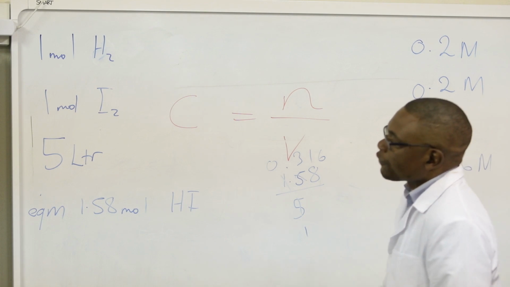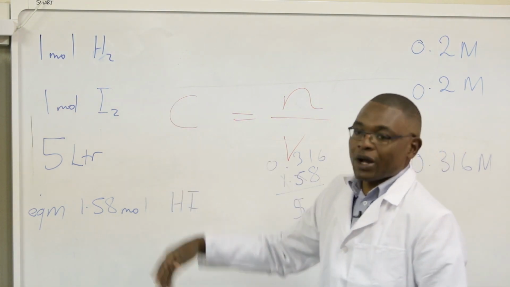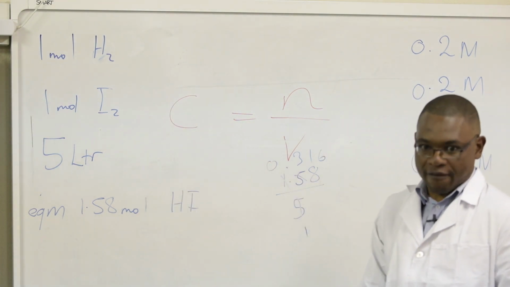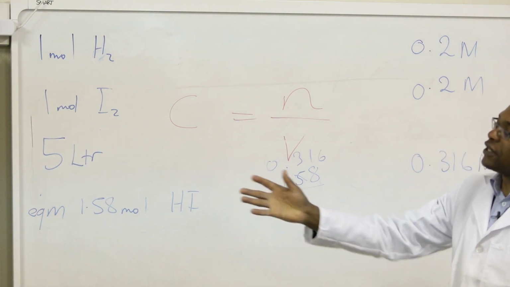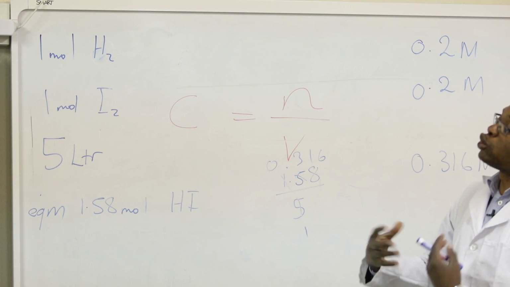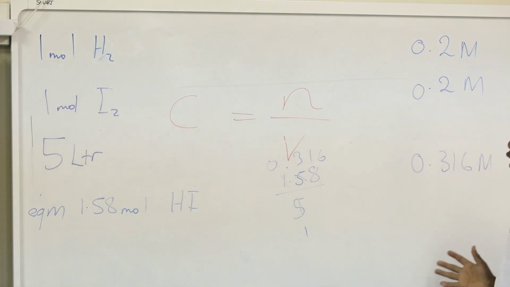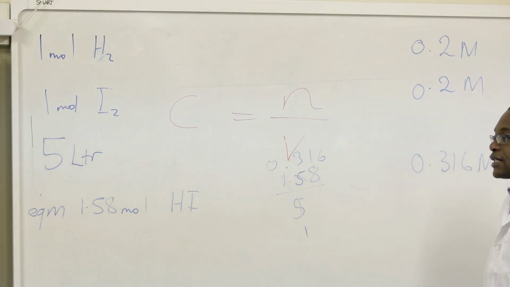So we've interpreted the quantities we know, so we can work out everything else we don't know from what we know. What I'm emphasizing here is that as long as you are dealing with equilibrium, all your quantities should be in terms of concentration.